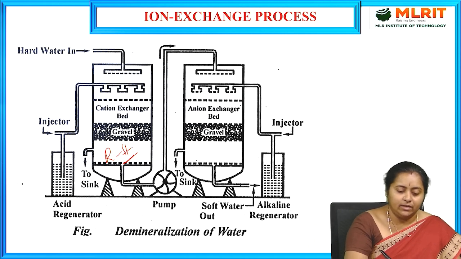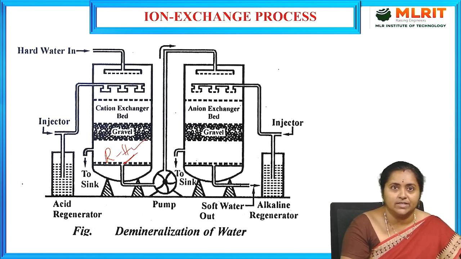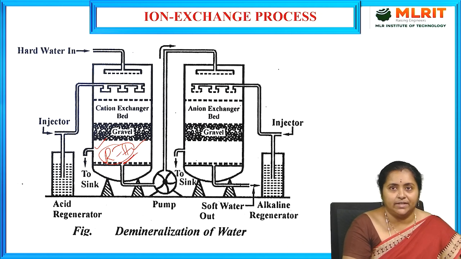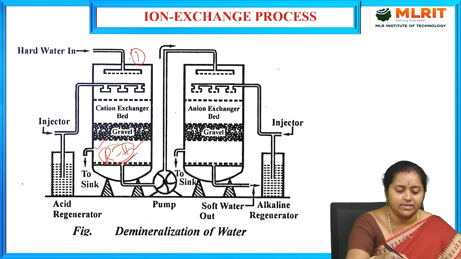That's why in short form we will write RH. If we write the entire thing in the mechanism part, it will become very difficult, so it is minimized by representing it in a simple way, that is RH. This RH is made as the cation exchanger bed in the cation exchanger, that is part 1.